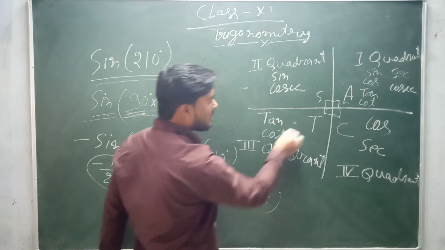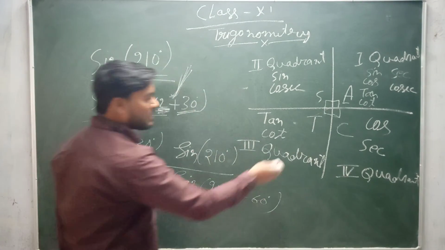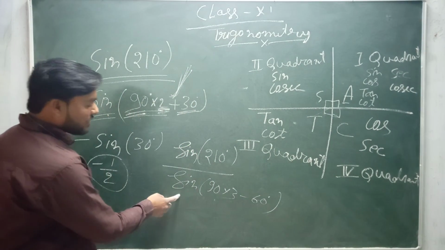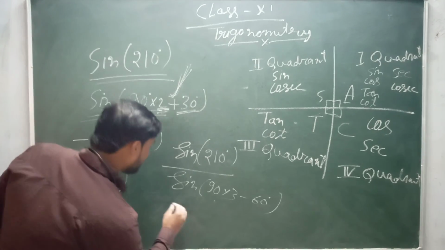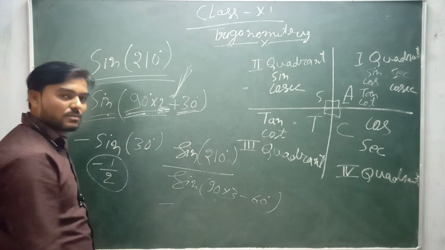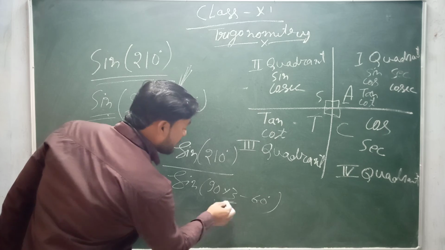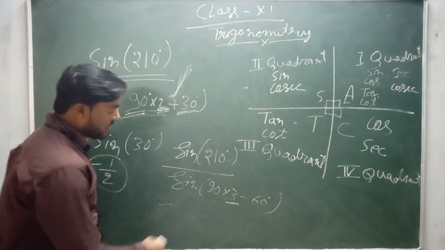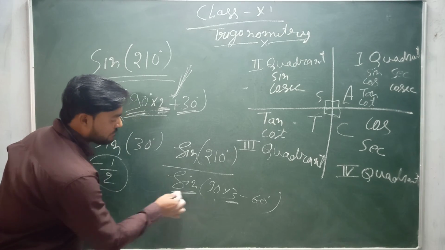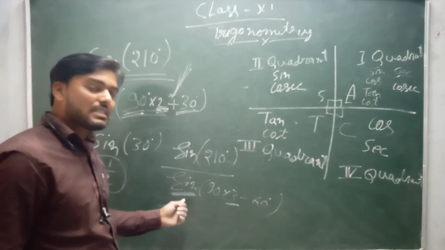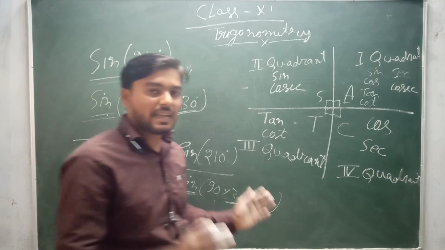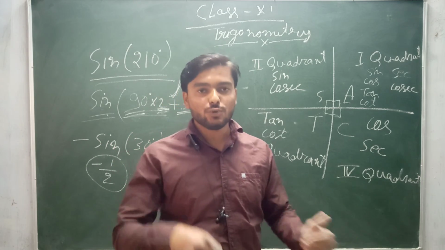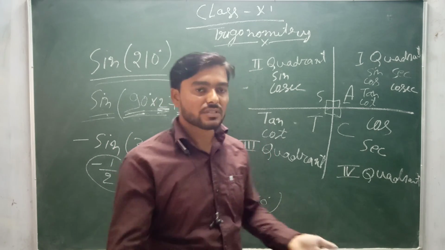Something like here. Okay, it will lie in third quadrant. So the sign will be negative. And if this number is odd, then we will change.